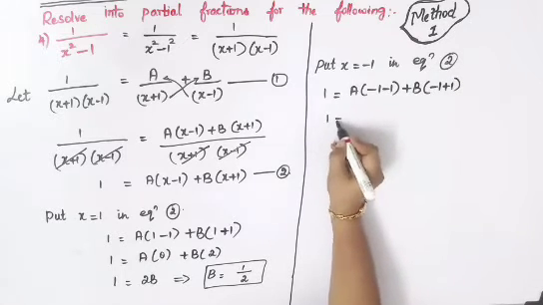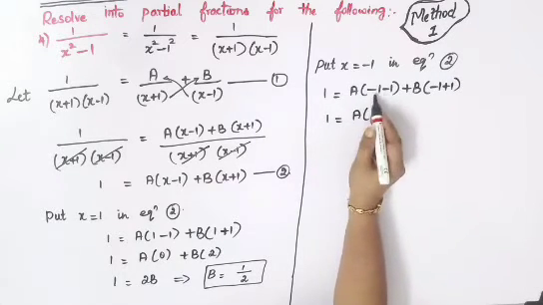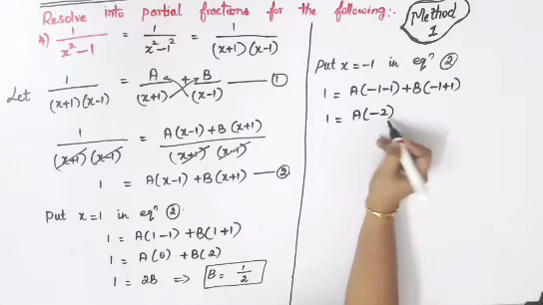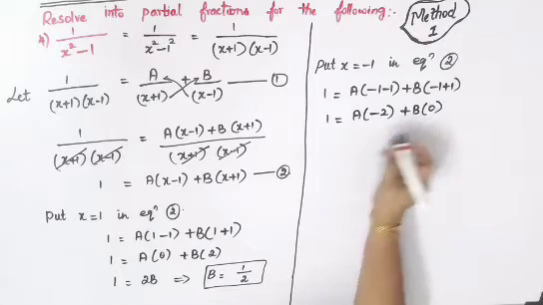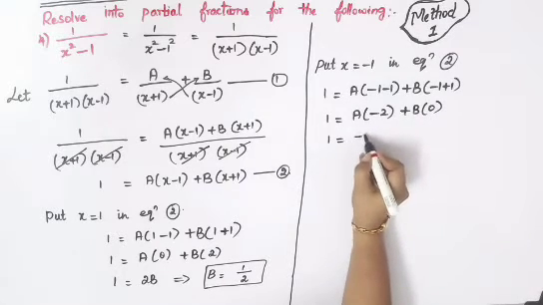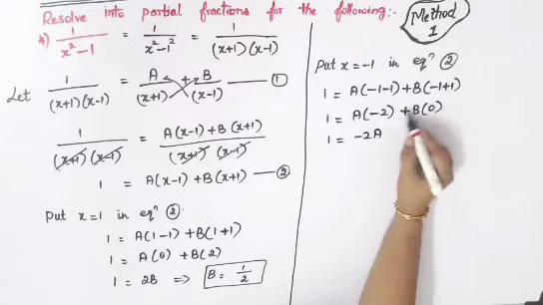So 1 is equal to a into minus 1 minus 1 will become minus 2, plus b into minus 1 plus 1 will be 0. So 1 is equal to minus 2a, this part will become 0.